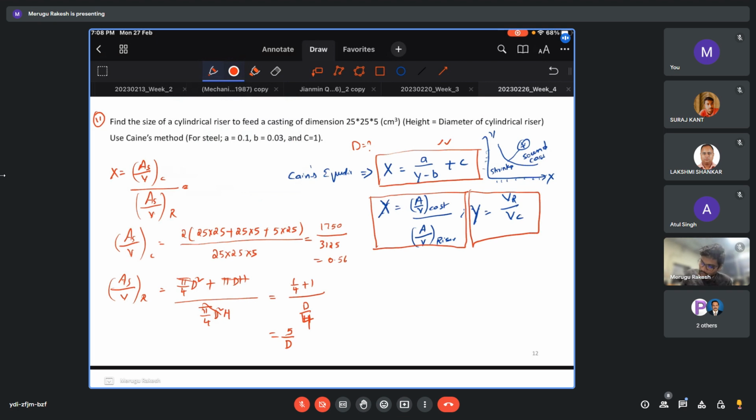Therefore the x value is 0.56 divided by 5 by d, which is nothing but 0.112 times d. Similarly, if you do y, the volume of the riser is pi by 4 d cube.